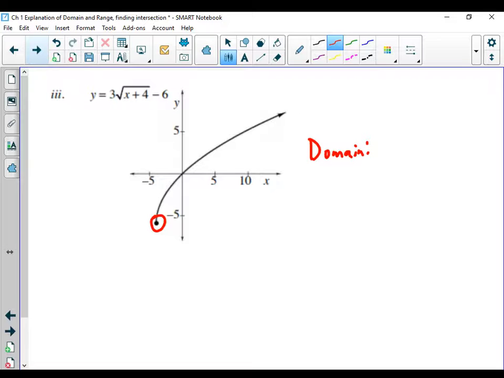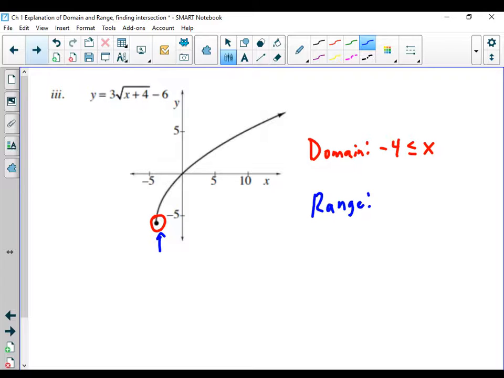Well, if I plug in negative 4, that gives me 0. So it looks like I'm going from negative 4, which was less than or equal to x. Then it went on forever, so I don't really have a high point. So I'm going to leave it like that. Negative 4 is less than or equal to x, or you can say x is greater than or equal to negative 4.